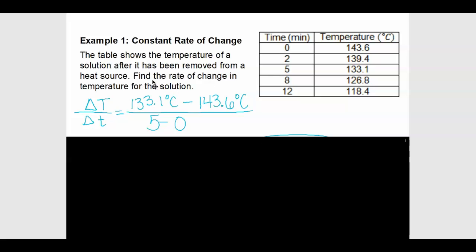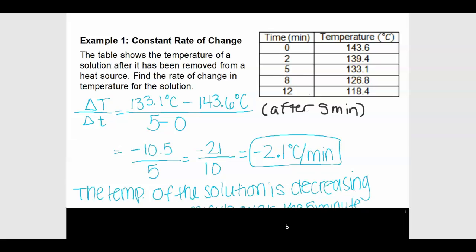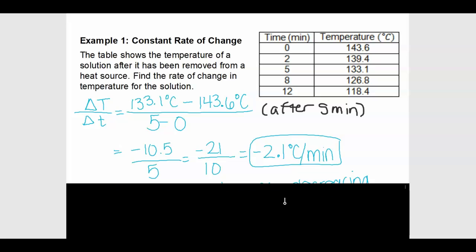So if we find the rate of change in the temperature for the solution, we could pick any 2 points and find their change. So we could do the rate of change in the temperature after 5 minutes. We could do the rate of change in the temperature after 10 minutes, and so on and so forth.